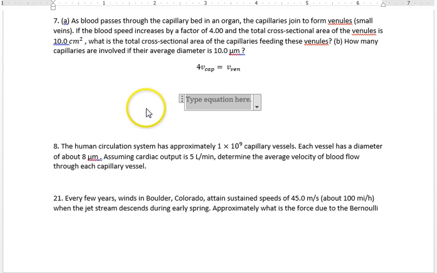The other thing we know is we're not bleeding internally here, so the flow rate is the same for both of these, right?